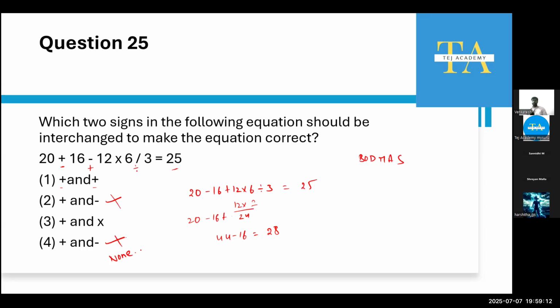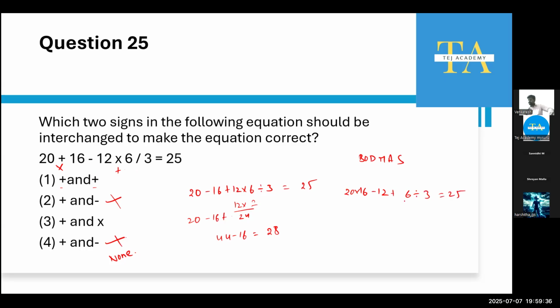So then check plus and minus. Interchange the plus and minus. If I interchange plus and minus, plus as into and into as plus. So 20 into 16 minus 12 plus 6 division 3, which should be equal to 25.